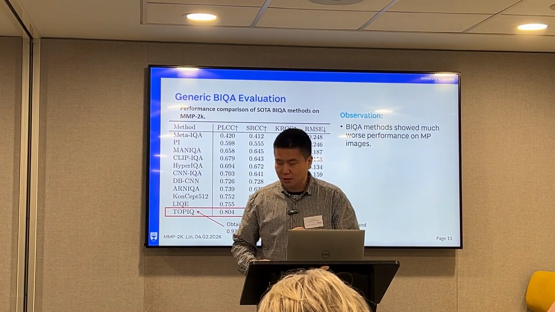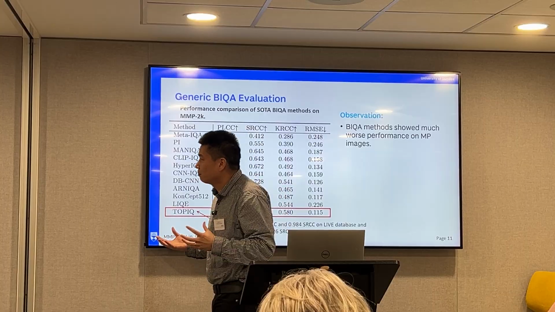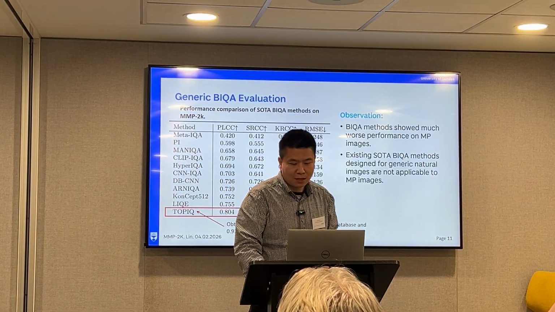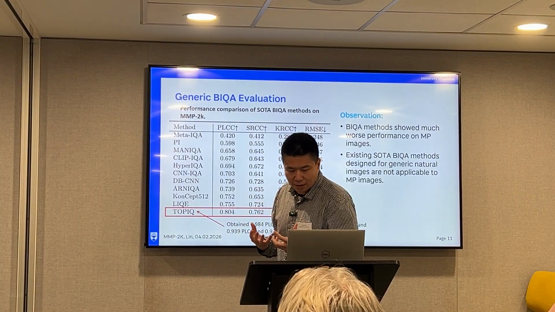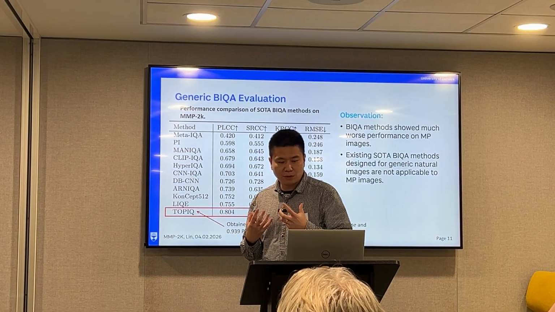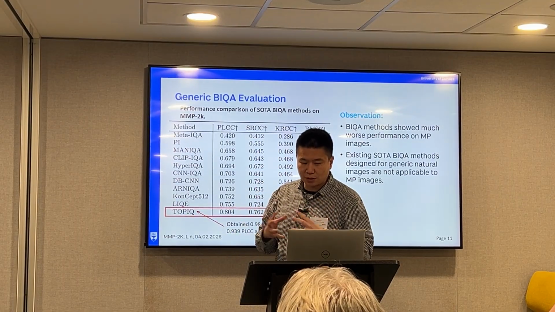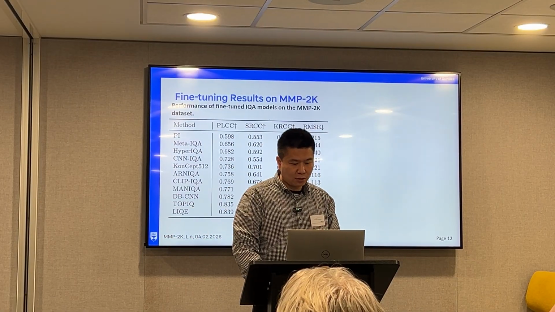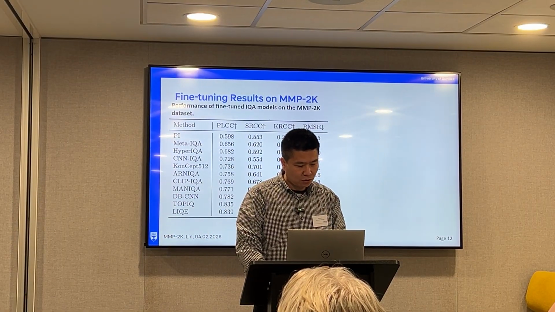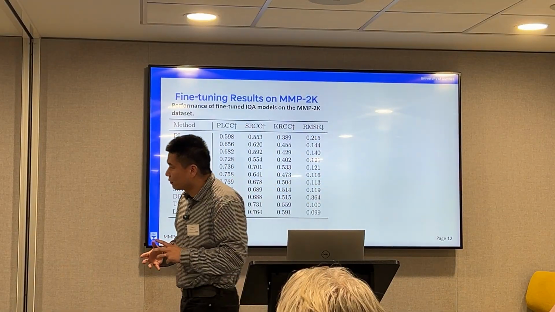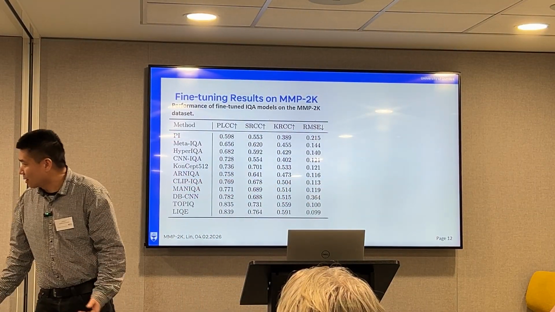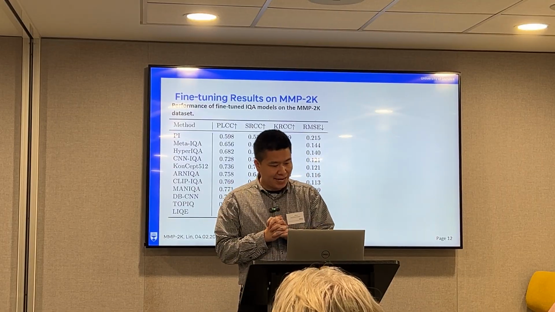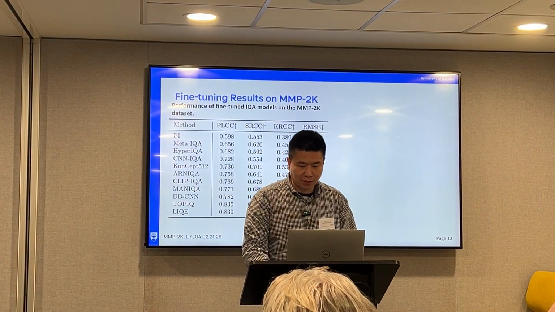So this is our observation. The BIQA methods showed much worse performance on MP images, and the existing SOTA BIQA methods designed for generic natural images are not suitable for MP images. So in this case, we also fine-tuned it, and after fine-tuning it improves, from 0.8 to 0.83 for TOPIQ.